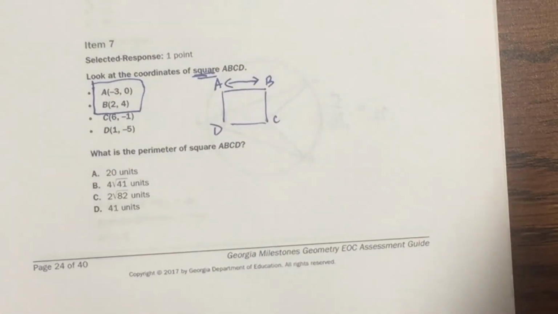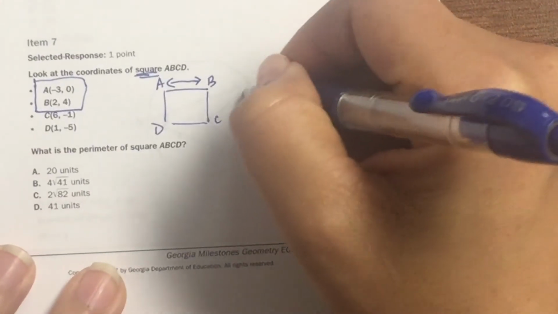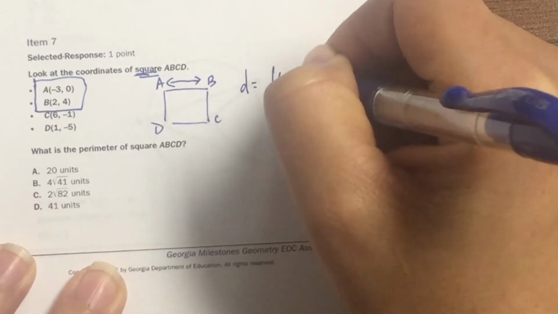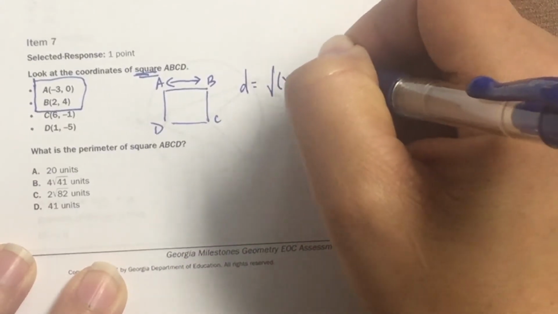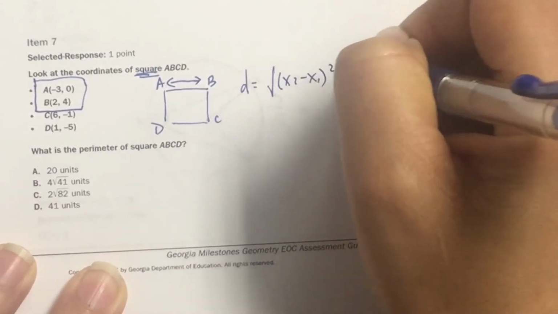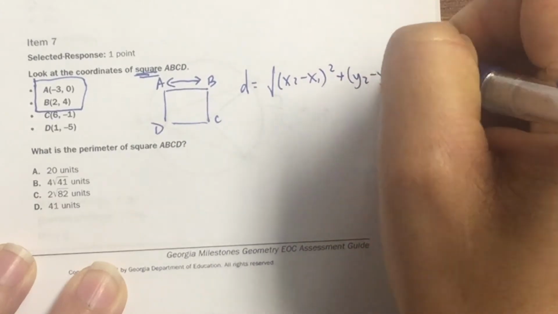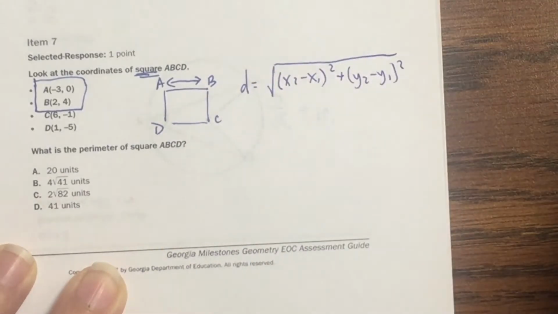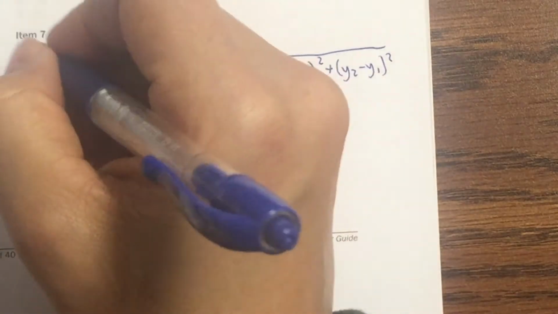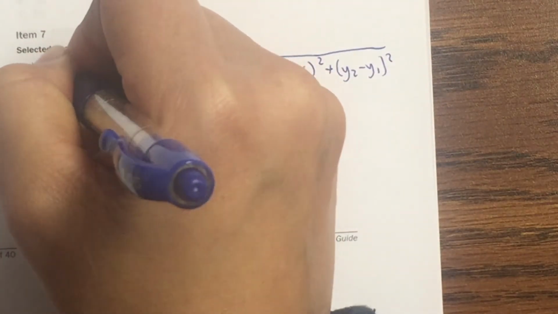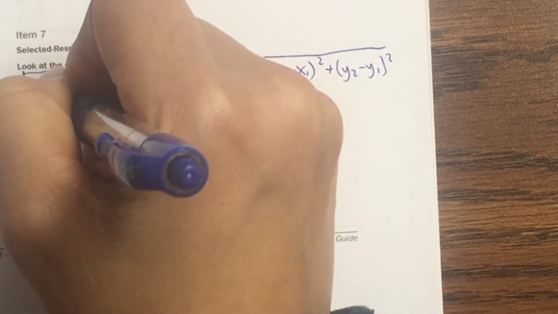Using these coordinates, we're going to punch it into the distance formula again. So write the distance formula down: square root of x2 minus x1 squared plus y2 minus y1 squared, from the formula sheet. Then you're just plugging it in. I'm going to label x1, y1, x2, y2.